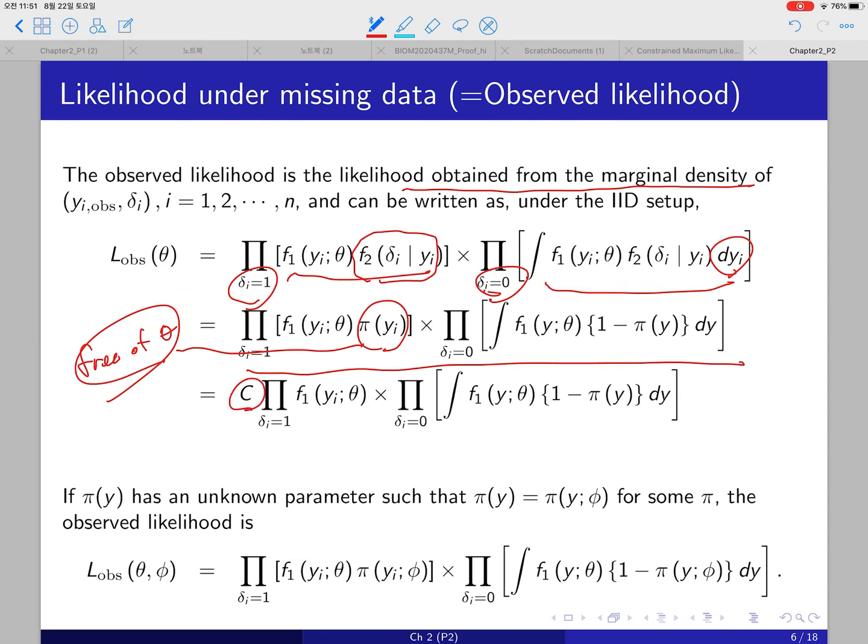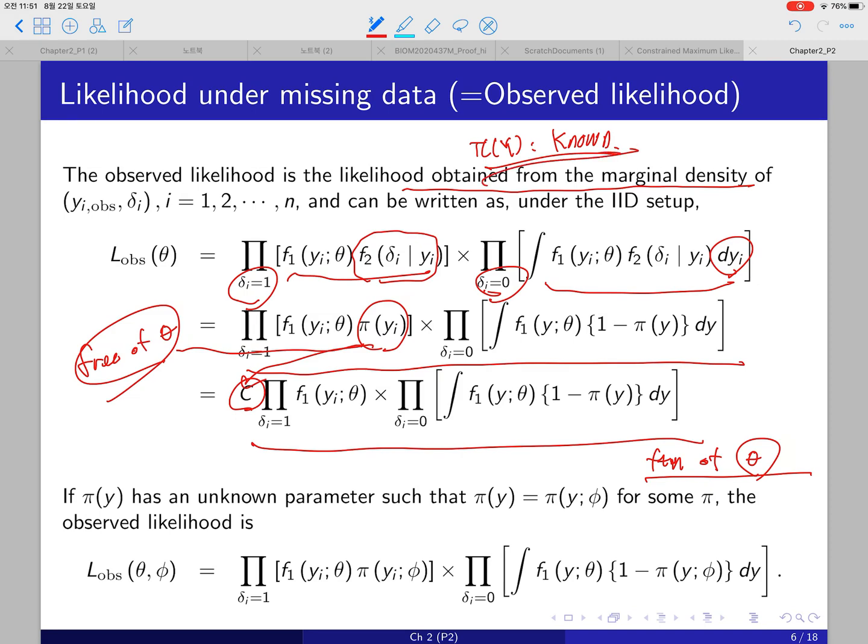So c can go outside, and this is the part that is a function of zeta, because we care about zeta only, right? Okay, so that's the case where pi of y is known.